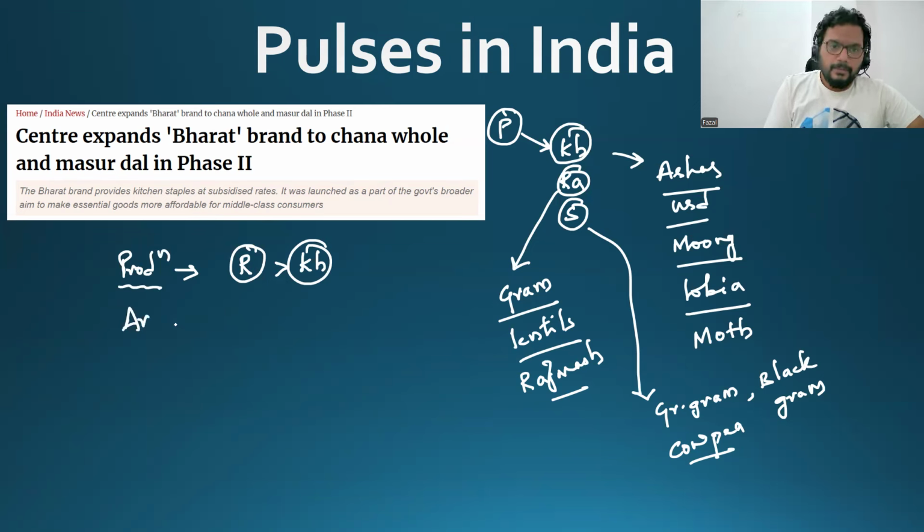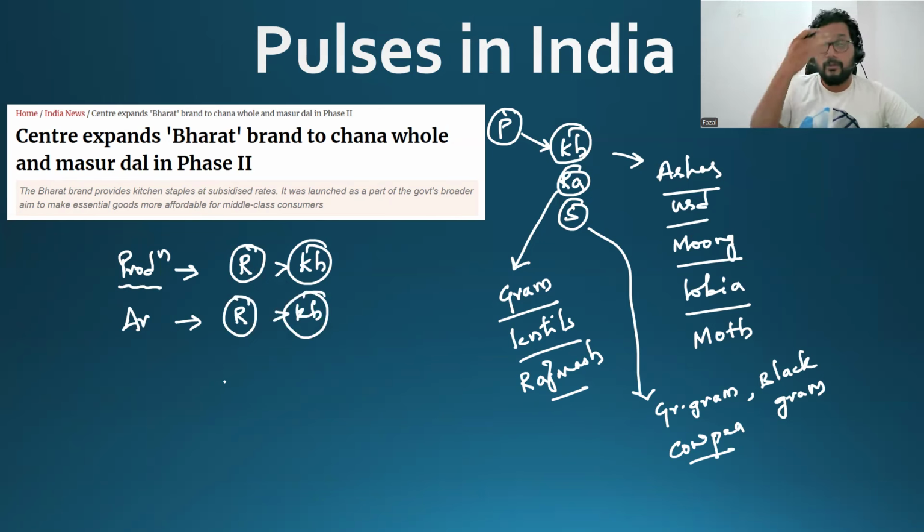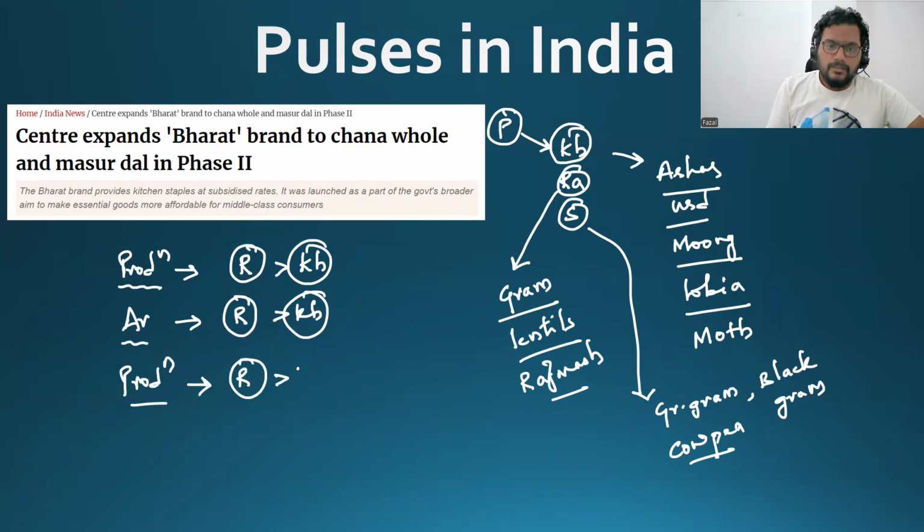Next one is area. Area coverage of the pulses is greater in Rabi when compared to Kharif. This is very, very important because most students blindly go for the Kharif. And third, very important, productivity per hectare, how much you are actually producing. Productivity is again Rabi greater than the Kharif. So these are the very important facts you should remember: production, area, and productivity.